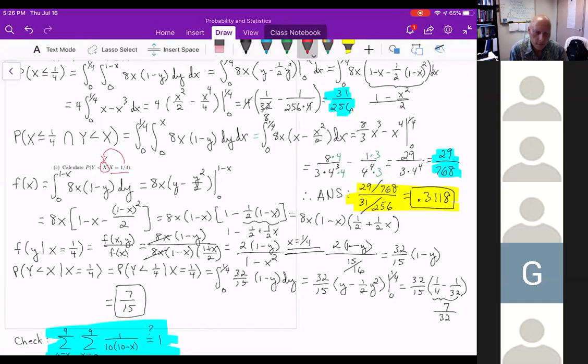Wait, so y is still random? Yes, y is still random because it's not part of the conditioned area, the right side of that probability statement.